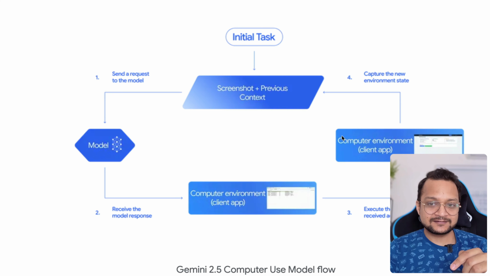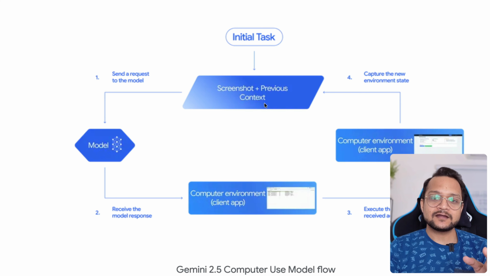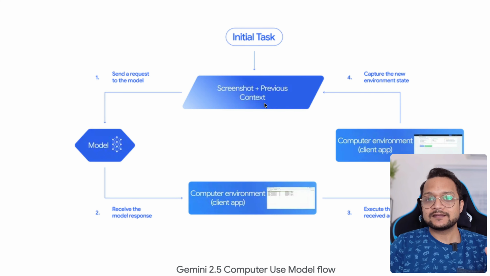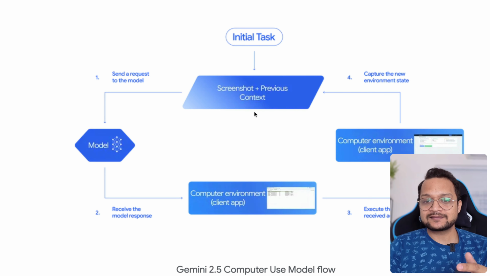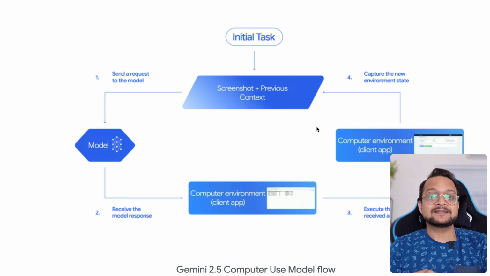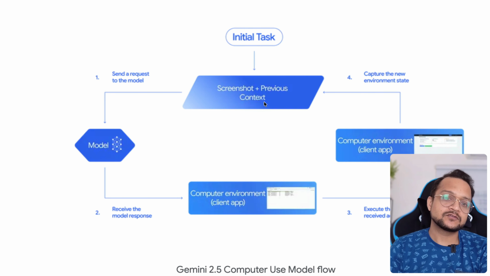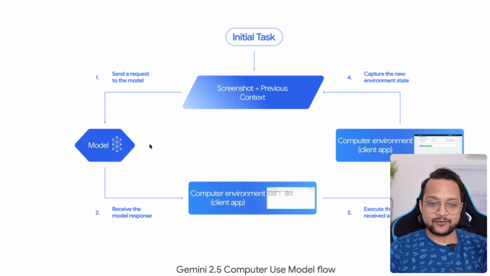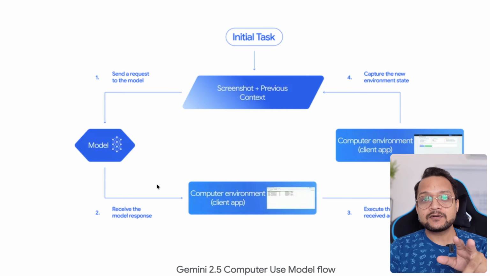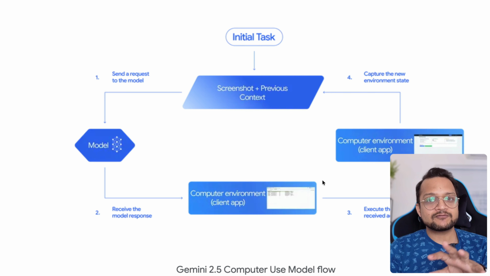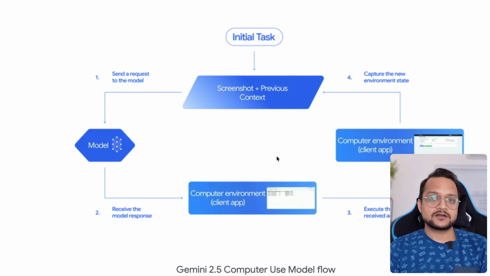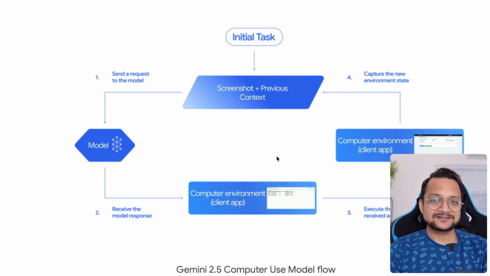We get the next state, and since we have the previous context of clicking the search bar, it now says yes, it has been clicked, and we need to write iPhone 17. So it goes to the model again, which says type iPhone 17. The computer environment executes this typing action, and this process continues. This is how the computer use model works.